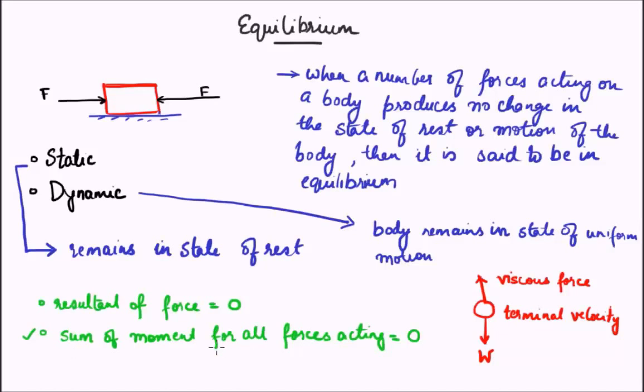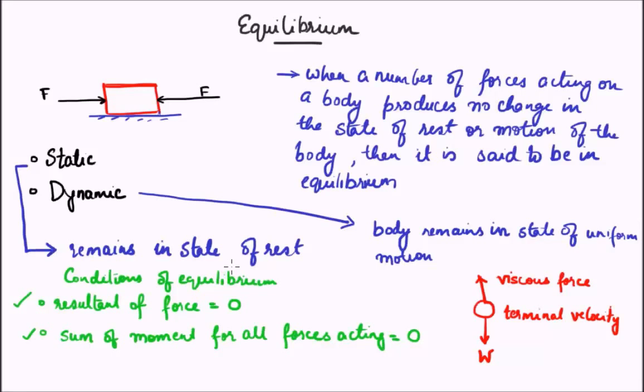Imagine a scenario where we have two forces which are equal and opposite, but they are not along the same line of action. What will that do? We just saw a while back that it will cause rotation, and the involvement of rotation is not equilibrium. So we have to have zero net force and we have to have zero moment of rotation. These are the conditions of equilibrium.